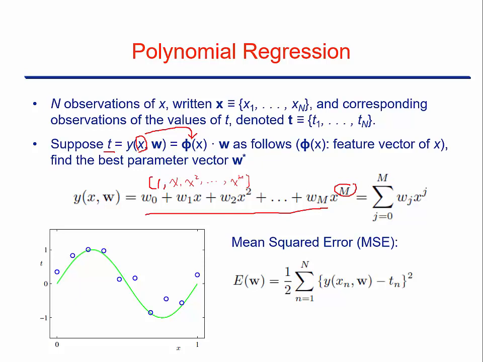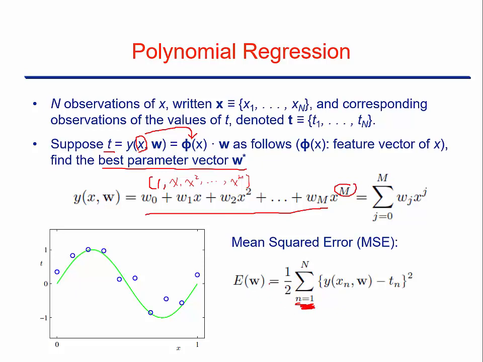Now in the learning stage, we will find the best parameter vector w star to minimize the error function. And in the last part of the lecture, we defined the so-called sum of squares error in this way, which is the sum. Okay.